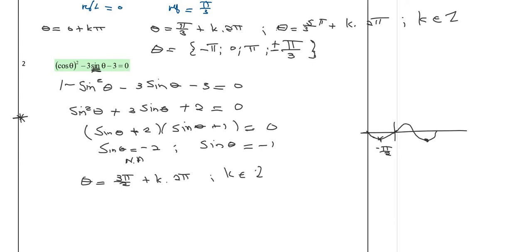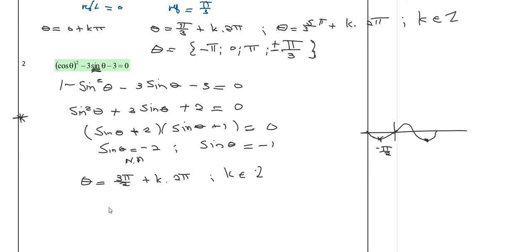Now if I take my 3 pi over 2, and then minus 2 pi from it, I do get my minus pi over 2.